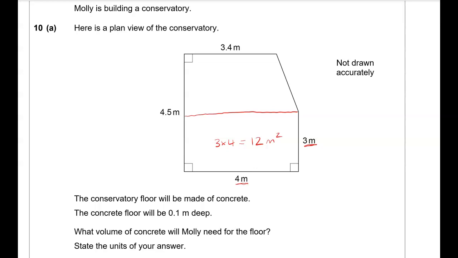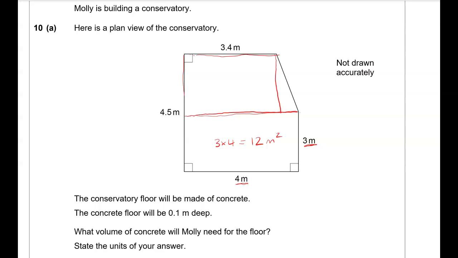If you know how to work out the area of a trapezium, that's good, and it's basically adding this length with this length, dividing it by 2, and then multiplying it by the height. If you don't know that, you could split this into 2 shapes as well, into a rectangle and a triangle.